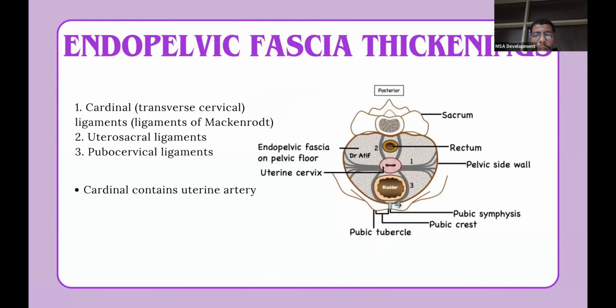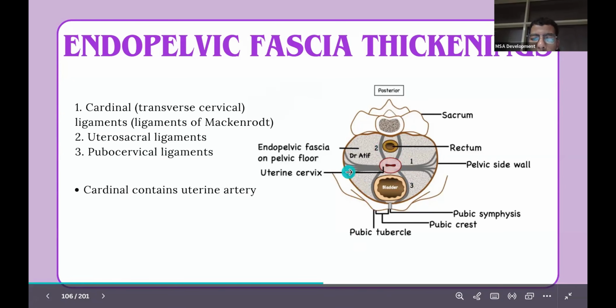So the three ligaments that keep the uterus in place are the cardinal ligament, which has the uterine artery, two, uterosacral, and the last one is pubocervical, from the pubis to the cervix. And these are the different landmarks. You don't really have to know them, honestly.